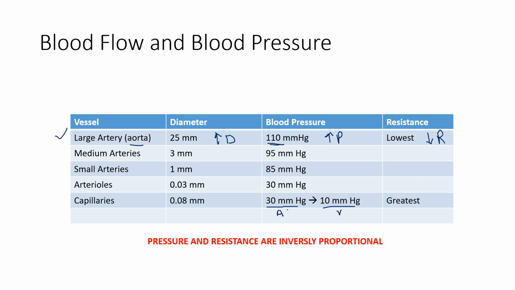Even at the arterial end, it's only about 30, so it's pretty low. So you're going to have a pretty high resistance and a very low pressure in comparison to the other blood vessels. And take a look at that very, very small diameter. You don't have to know the specific numbers, but you do need to know the relationships.